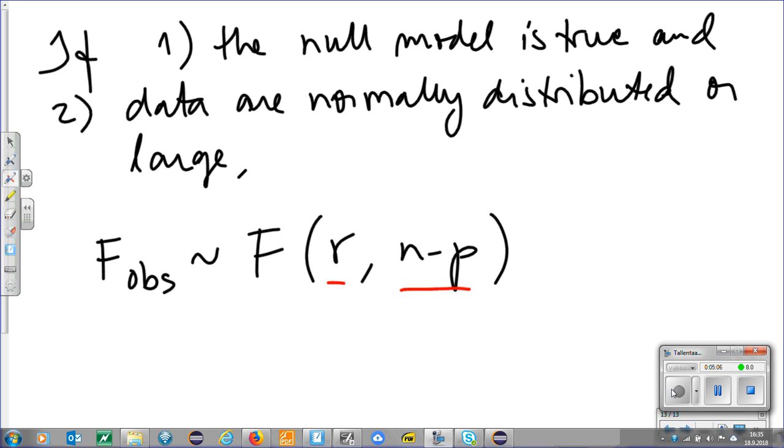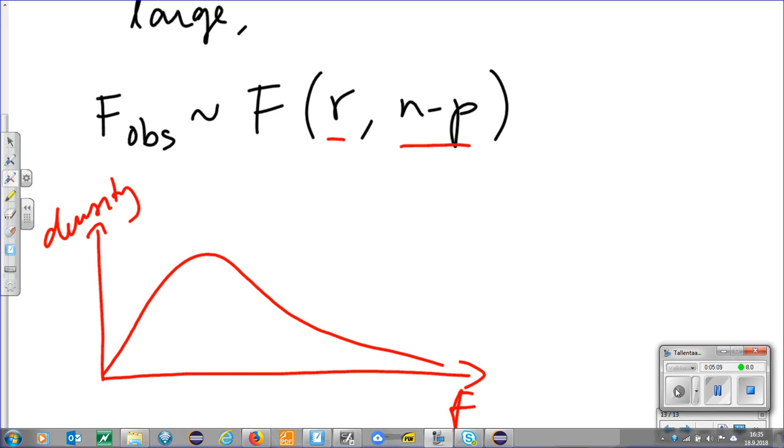So we can have, for example, this kind of situation. This is the F density of the F distribution with r and n minus p degrees of freedom. Now we have summarized our data in one single number. So there is one statistic computed using our data, and it is this value of F-obs.